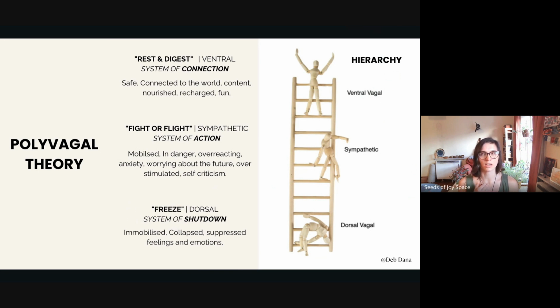And how it can show up in our lives is it can show up as suppressed feelings and emotions. And this is a way for us to protect ourselves from maybe others criticizing us, or maybe we know that our emotions and feelings are not welcome, and we are going to keep them to ourselves, and we enter into this freeze state because we are protecting ourselves.